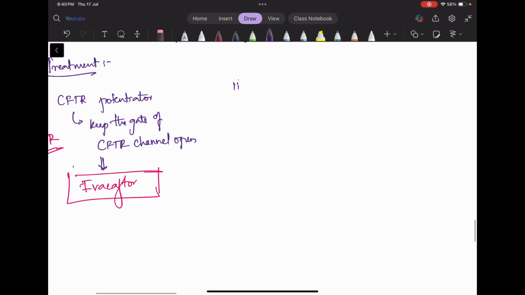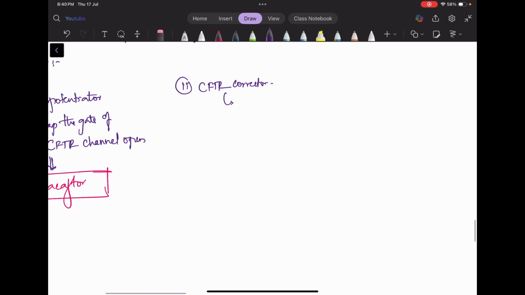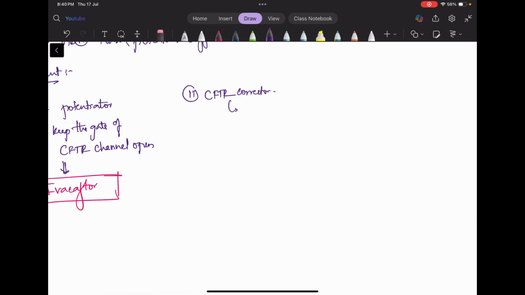Then second we have CFTR corrector. This is most commonly used in the most common gene mutation, right? Okay, so anyone know which drug we are getting under this topic?